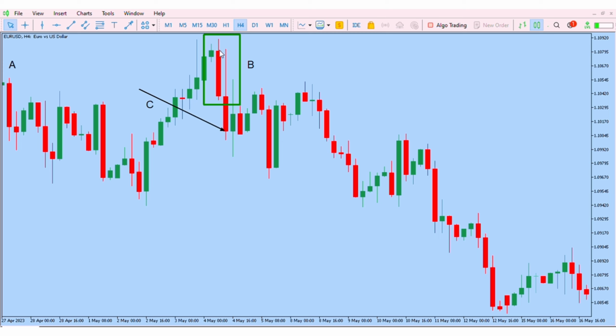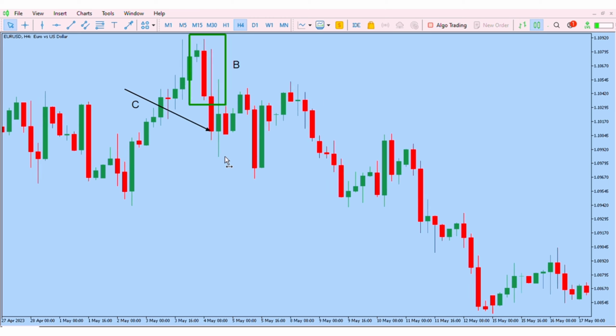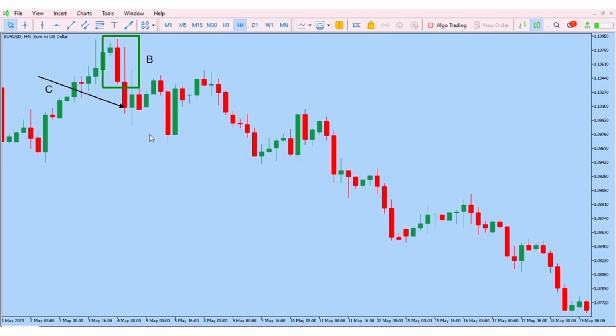When you sell the market here, your stop loss should be above the high of the engulfing pattern. Actually, aggressive traders are most likely to go short from here, while conservative traders will enter the market at point C. But their stop loss will be at the same level, above the engulfing pattern.